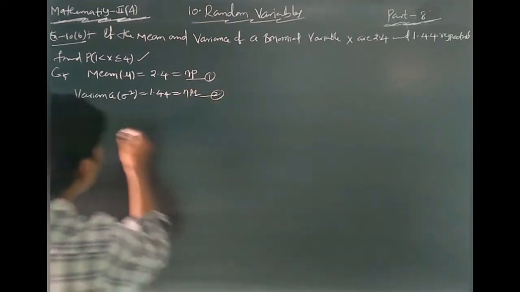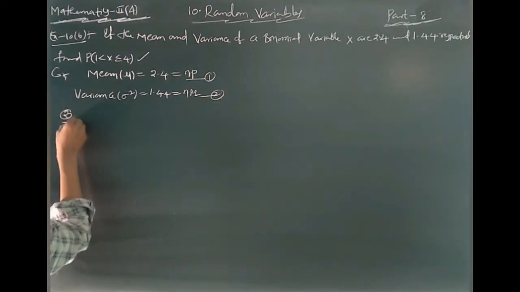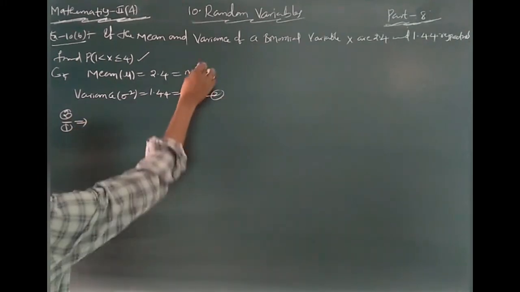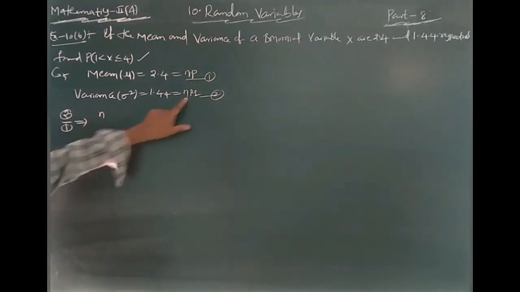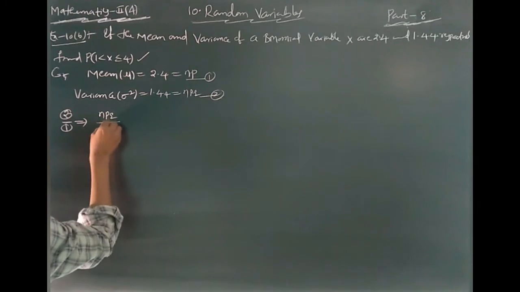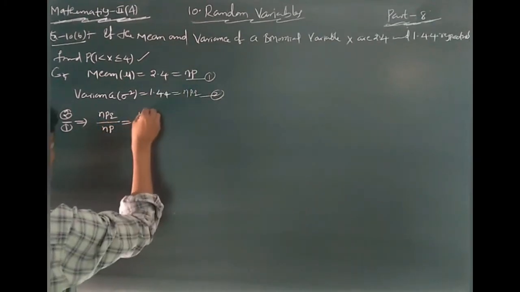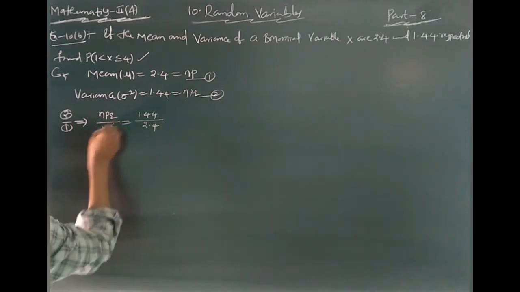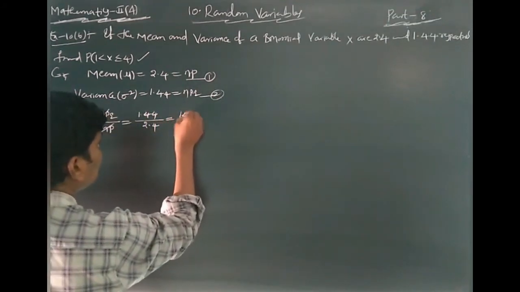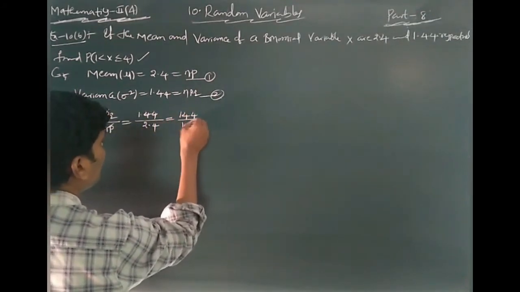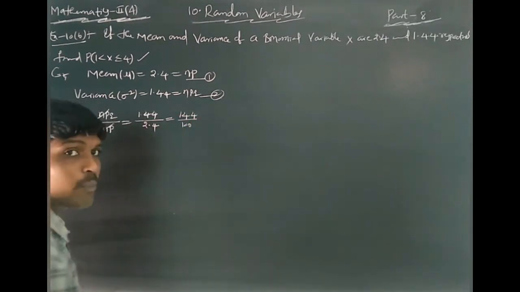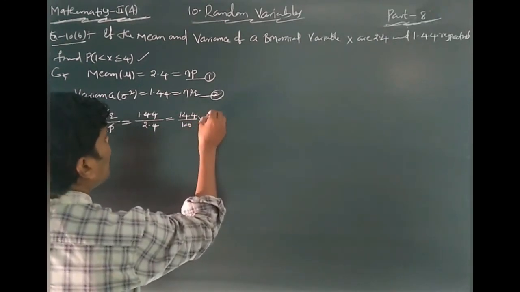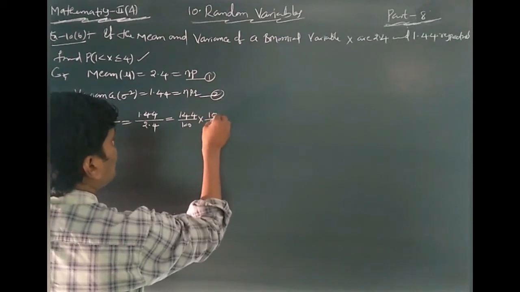Simply divide 2 by 1. Here, students, the RHS: npq by np is equal to 1.44 by 2.4. After that, np gets cancelled. This can be written as 144 by 100 into 10 by 24.